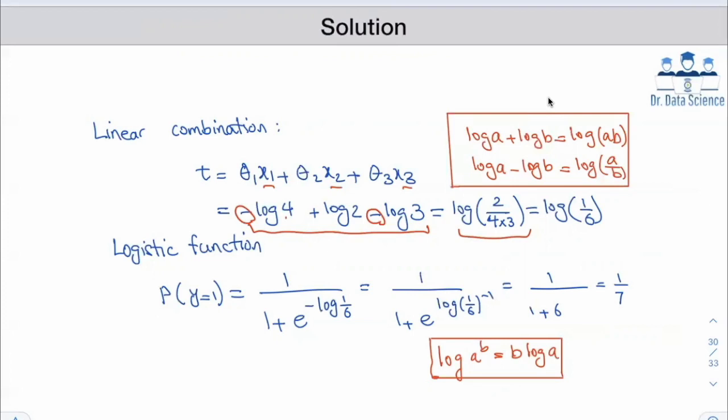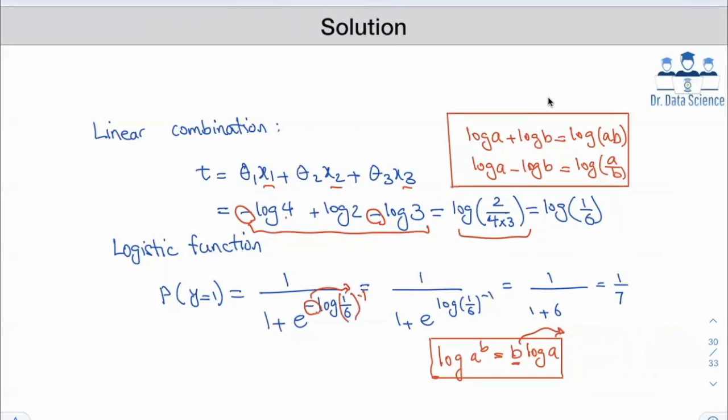Now, in order to find the probability that this document is about sports, you need to use the logistic function, which is 1 over 1 plus e to the negative log of 1 over 6. We can use another property of logarithm here, which is log of a raised to the power of b is b log a. So this negative 1 can go up to the power here.